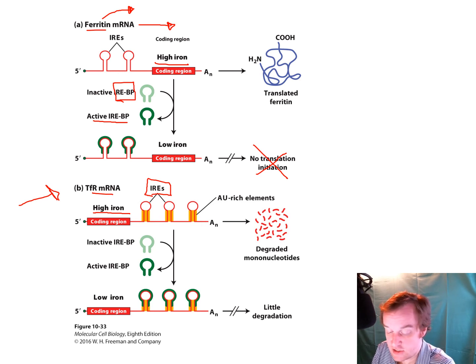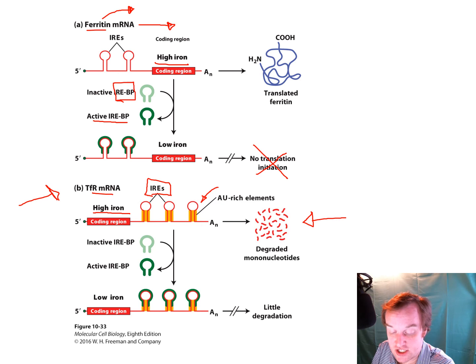When the concentration of iron is high, these iron response elements are unbound by IREBP, and this leads to increased degradation of those TFR proteins, or RNA, and thus less protein. So because we have high iron, we don't need to import more, so we're going to sense the concentration and then break down excess import proteins.